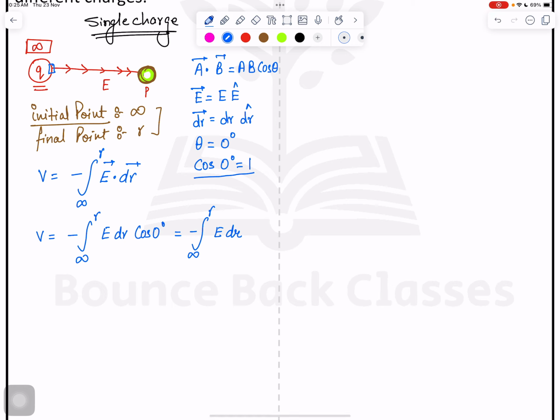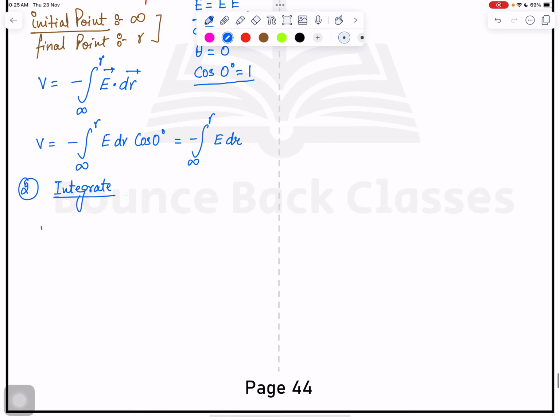Okay, now the step number 2. Step 2 is integrate. So after integration, what do we get? V equals negative integration of E dr, and you can even place the value of E, so it's easy to solve in one step.